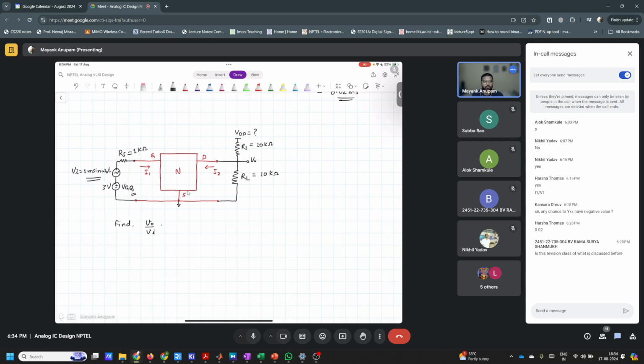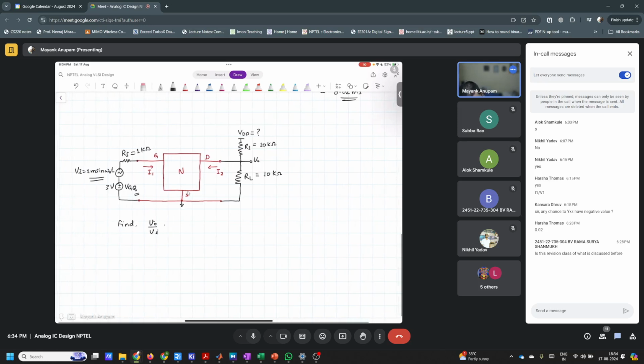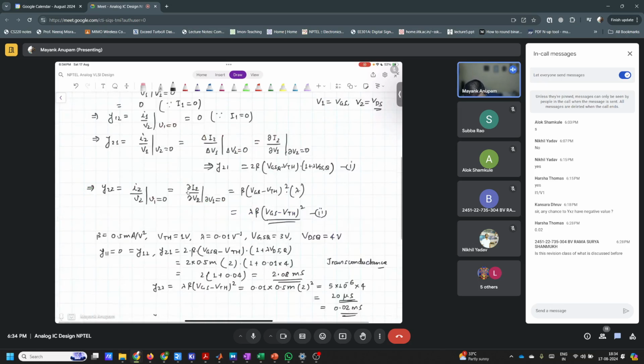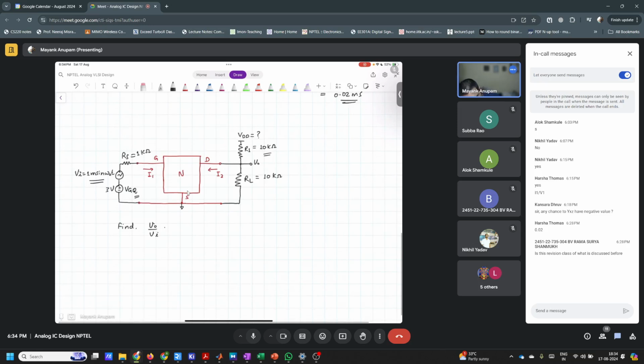Now at the output, at the other side of this network, earlier I had nothing, but now I have applied this resistor R1 and RL, and also some VDD voltage. I don't know how much that is right now.